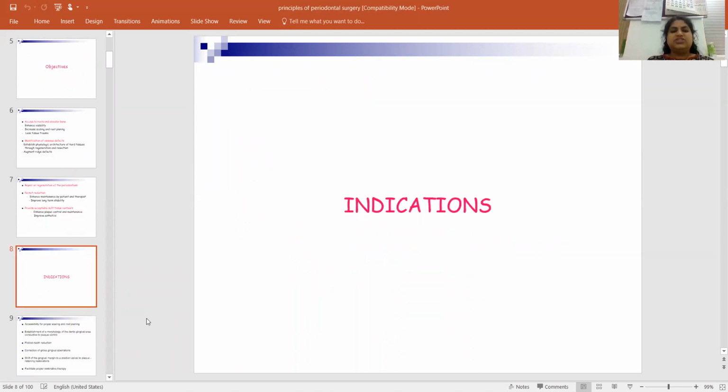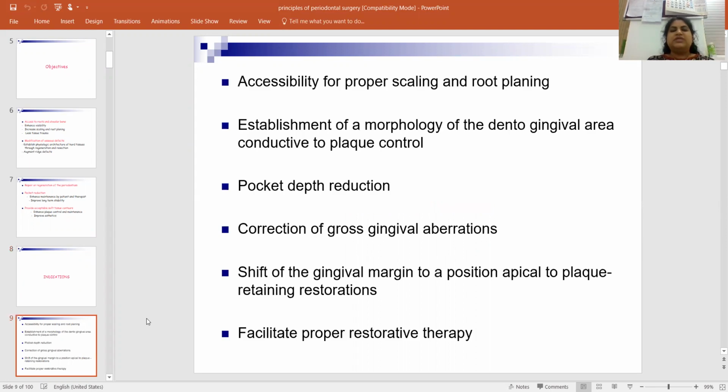So what are the indications of periodontal flap surgery? Basically, accessibility for proper scaling and root planing, because the plaque and calculus present in inaccessible areas can be removed with proper flap elevation, and it can remove the etiologic factor which can cause periodontal disease.